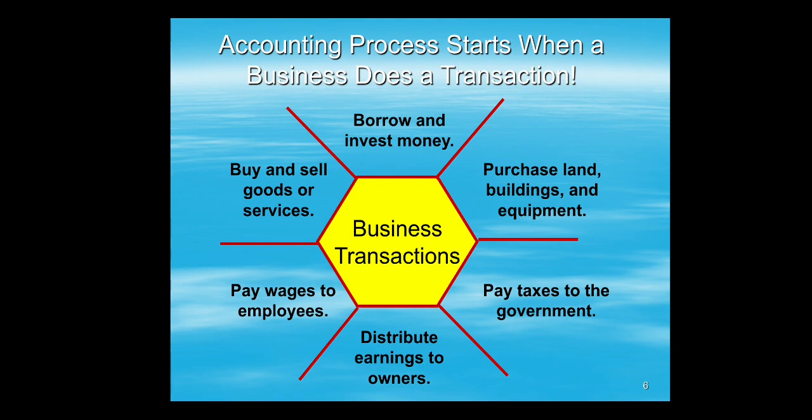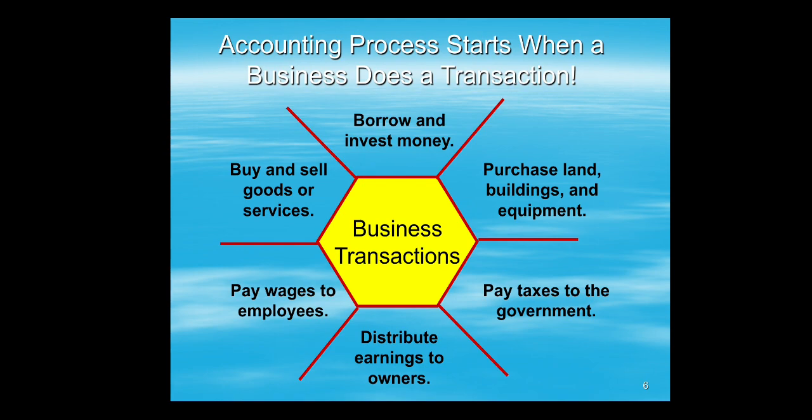The business distributes earnings to owners, pays taxes to government, purchases land, buildings, and equipment. These are all examples of business transactions. The business borrows and invests money, that is also a transaction. So the accounting record process starts after a business does a transaction.